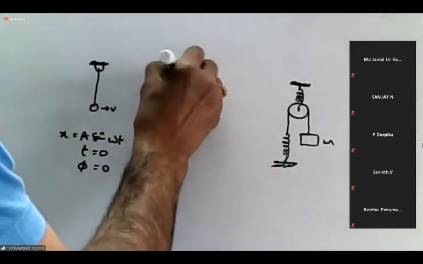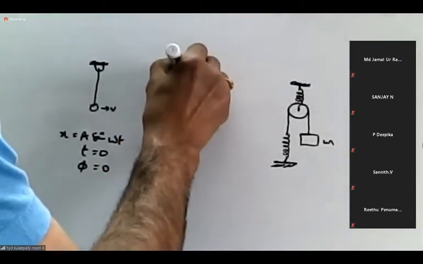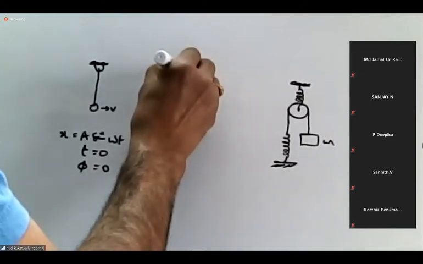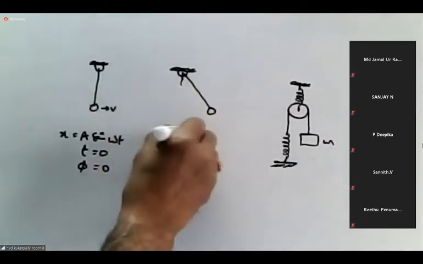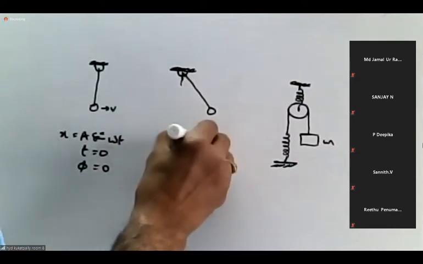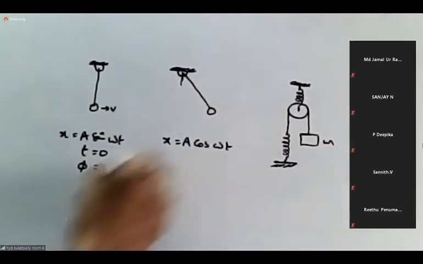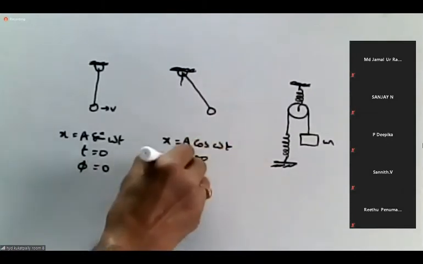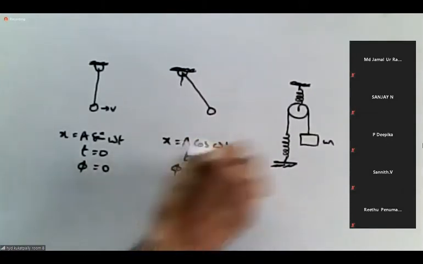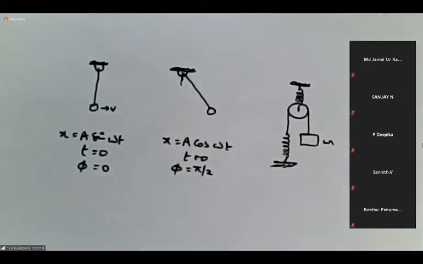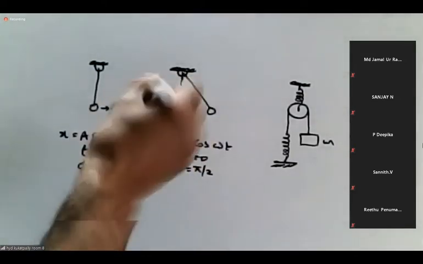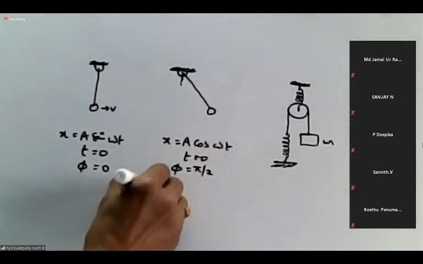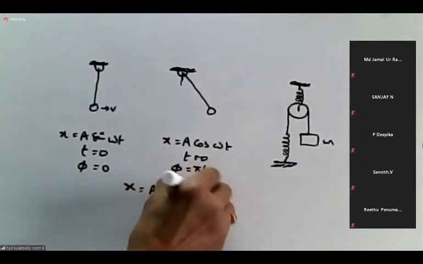Whereas if the pendulum starts from the extreme position, x equal to a cos omega t, at t equal to 0, phi equal to pi by 2. Here v equal to 0, since you are releasing from that position. Apart from these two, if oscillation starts from any other point, then x equal to a sin(omega t plus phi).